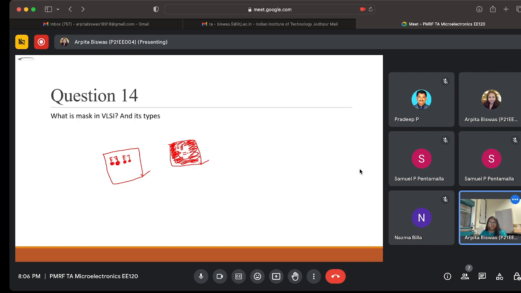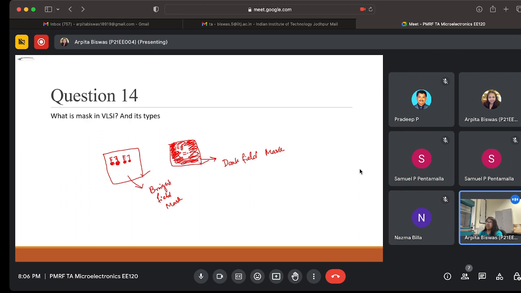So there are two types of masks. One of them is the bright field mask, and one of them is the dark field mask. Can you see the difference?